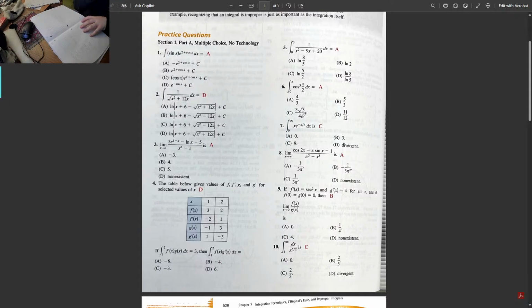And thus, we have the limit as b approaches infinity of negative b over 3 e to the negative b over 3, minus 0 over 3, should just be 0.